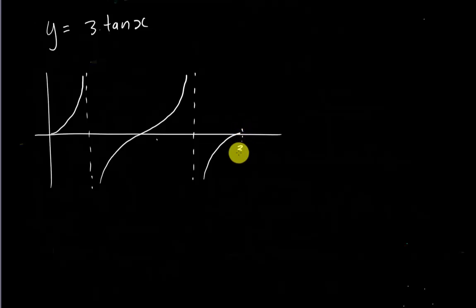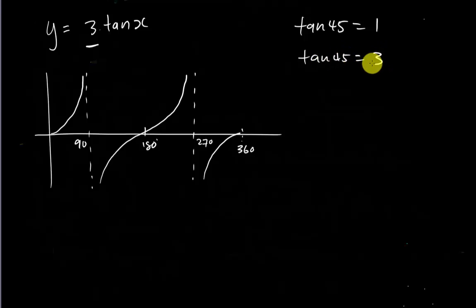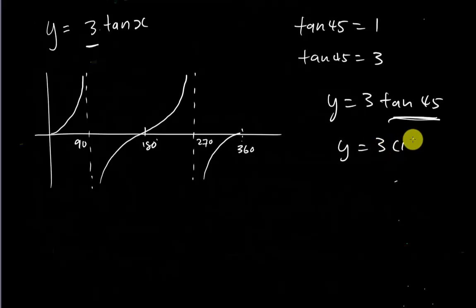Same thing, I will do 360, 180, 90 and 270. And just now I still remember I said tangent 45 equals 1. So if 3 is here, that means y equals 3 tangent 45. Tangent 45 equals 1, right? So y equals 3 multiplied by 1. That's why you will get 3. I'm not saying tangent 45 is 3. It's because of the equation, you will get 3.